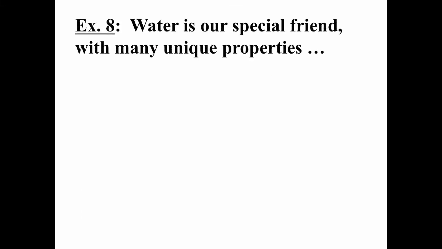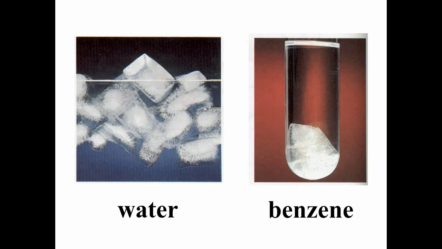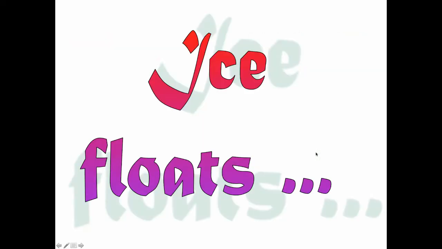One example of hydrogen bonding that's particularly worth noting is that water is a special compound with lots of unique properties, including that icebergs, water frozen, is less dense than the liquid and floats, whereas almost any other substance like benzene, when it solidifies, it's more dense and it sinks.